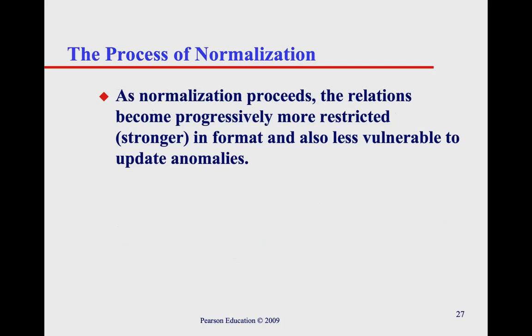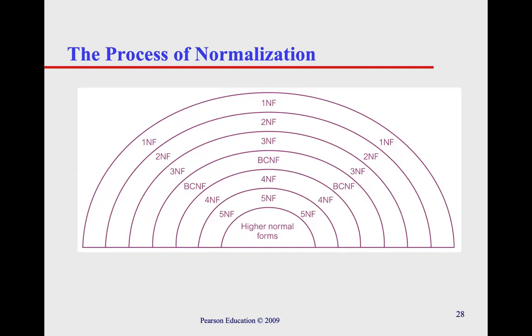First of all, as normalization proceeds, you get progressively more restricted relations that are less vulnerable to update anomalies. So you're going to see that we have a variety of normal forms. The least restrictive is first normal form, then the next most restrictive second normal form, third normal form, Boyce-Codd normal form, and so on and so forth.